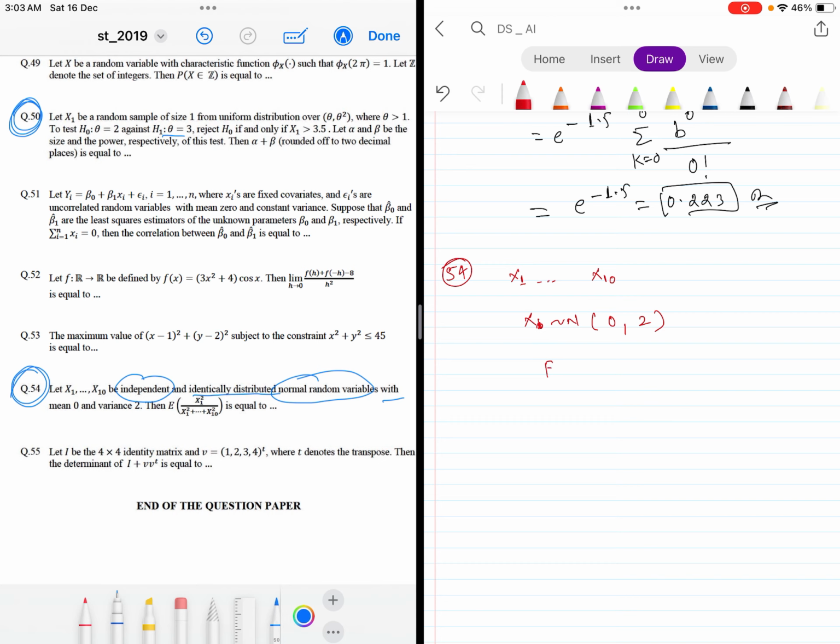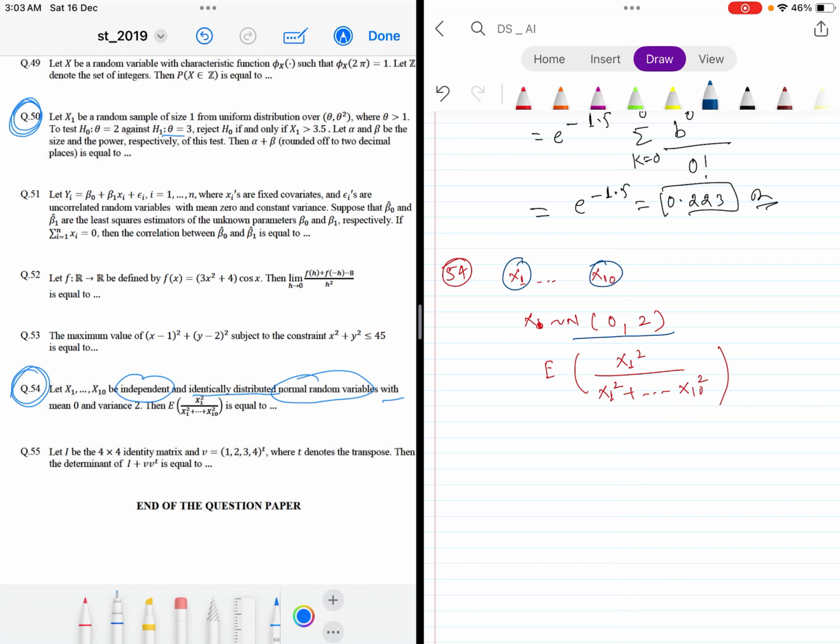We have to find the expected value of X1 square plus X2 square plus dot dot dot plus X10 square.